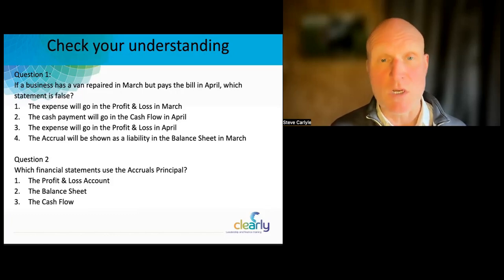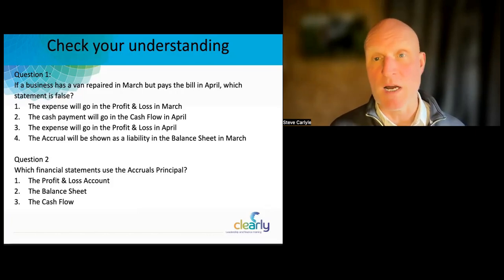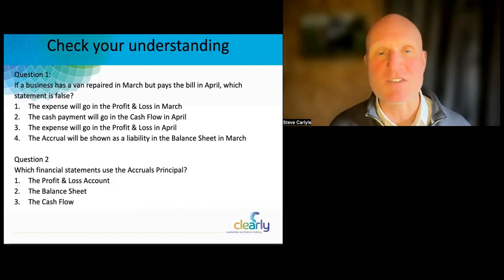The expense will, of course, go into the P&L in March, as in answer number 1. The cash flow will go in April because that's when the cash is actually paid. And there will be an accrual in the balance sheet in March. Again, I covered that in our previous example. So the right answer to the first question is 3. That's the one that is wrong of those 4, so that's the answer you should have got there.